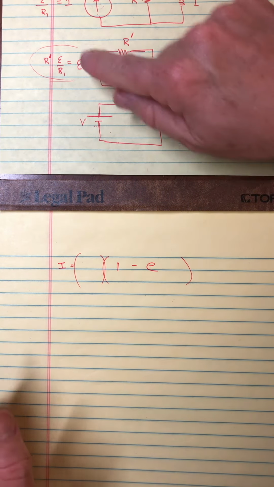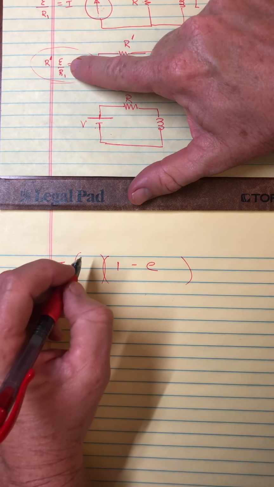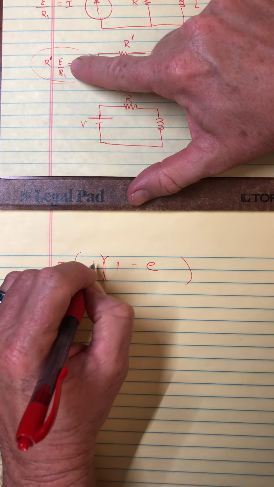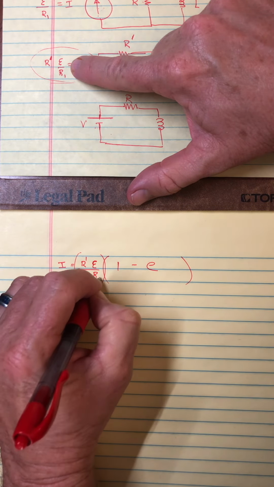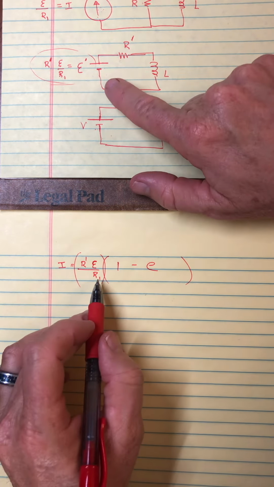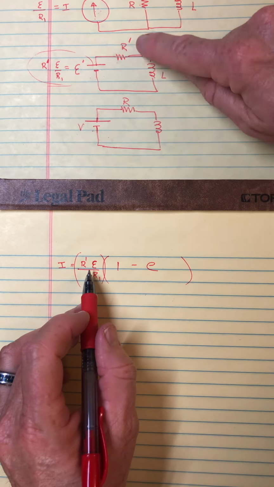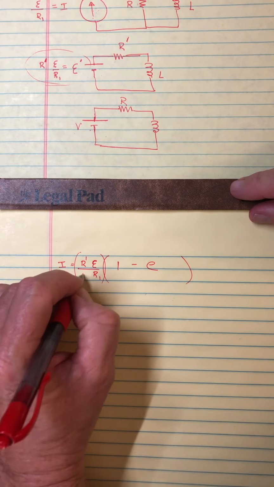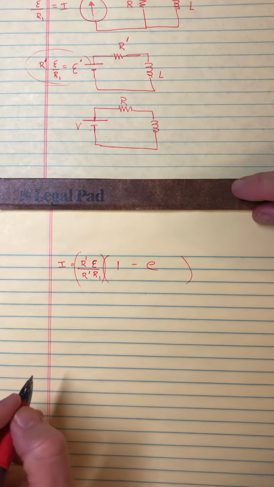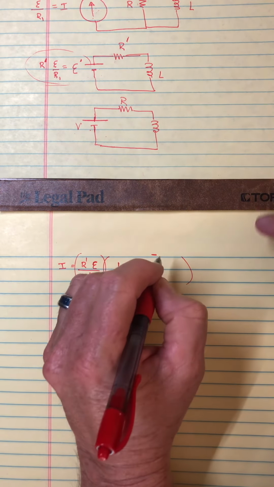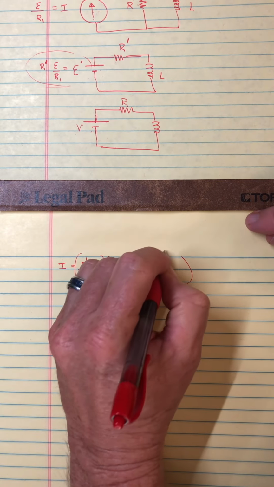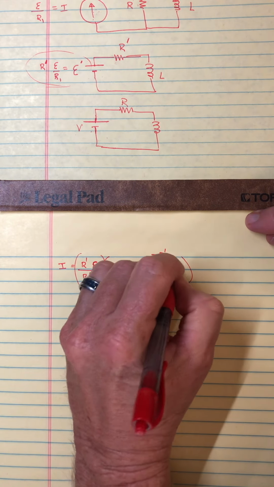In this case, the voltage would be E R prime over R1, that's the constant voltage source, divided by that resistor that's in series, which would be R prime. And then it would decay exponentially according to this resistance R prime and the inductor L and t.